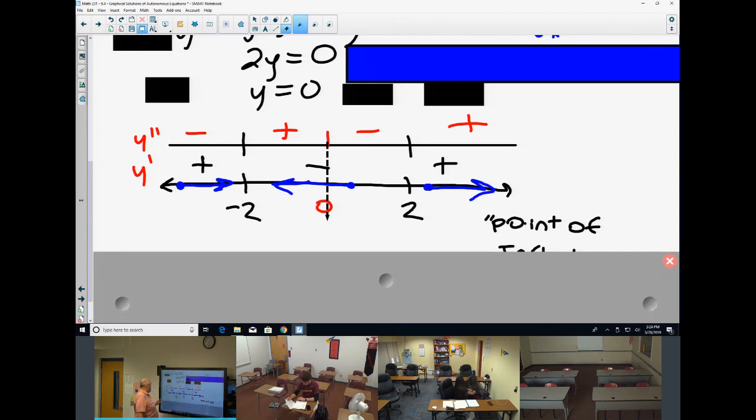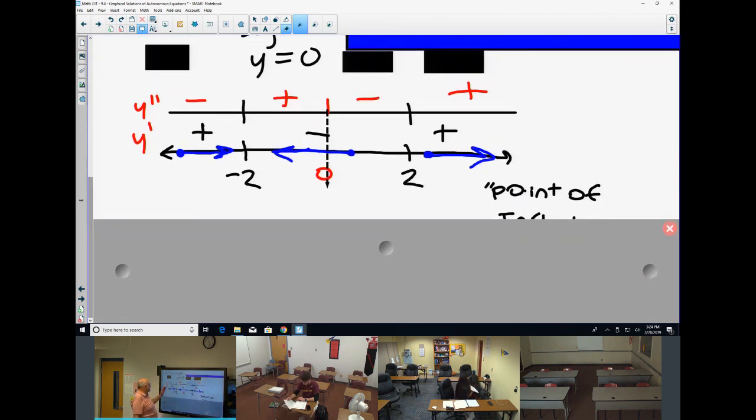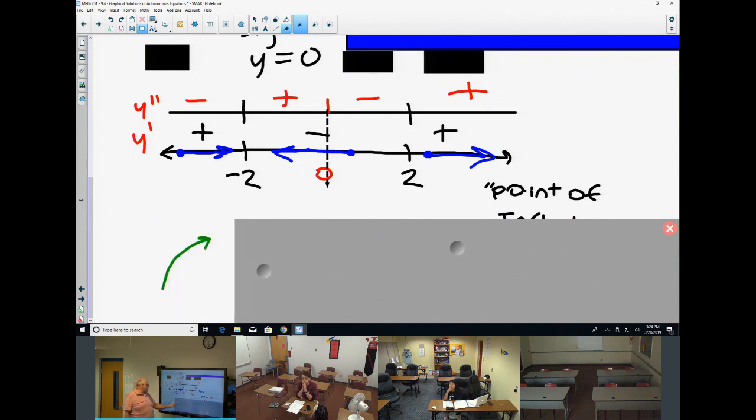All right, so between -infinity and -2, the first derivative is positive, the second derivative is negative. So if it's positive, that means the graph is going up, but since the second derivative is negative, it's concave down. So the graph is up, but concave down. Does that make sense?